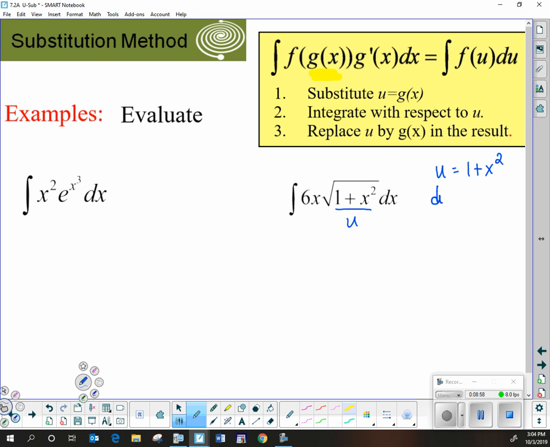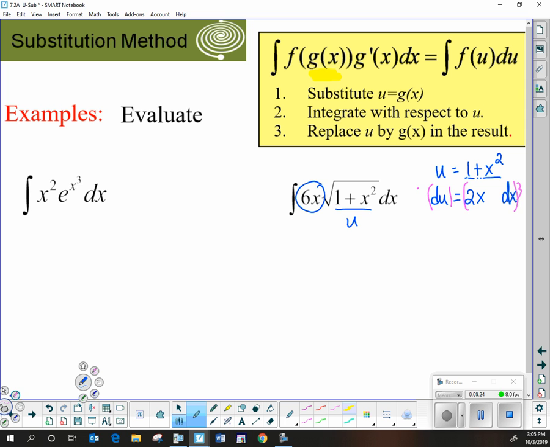Let's just follow this through. Du dx, multiply up by dx, brings it to the other side. The derivative of my right-hand side would be 0 plus 2x. I have 6x, so I'm just going to make a match on this by simply multiplying both sides by a 3.